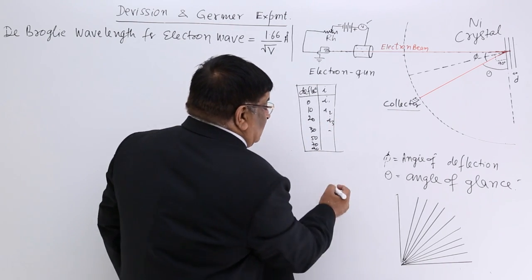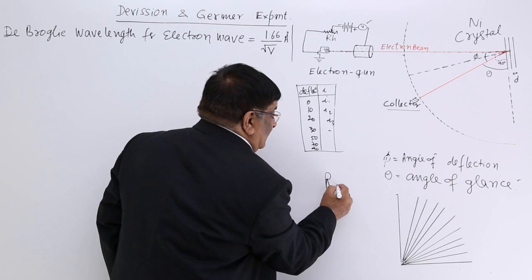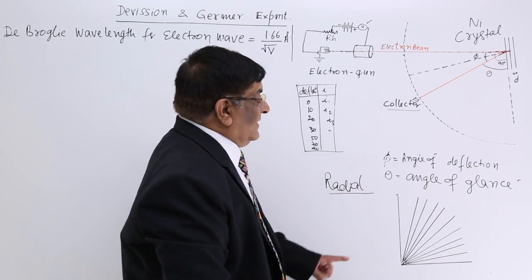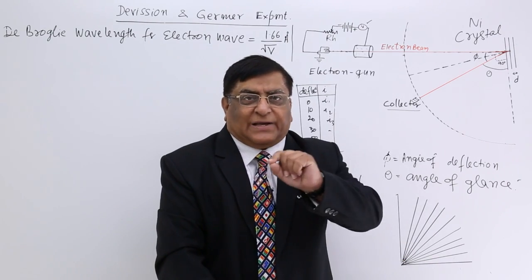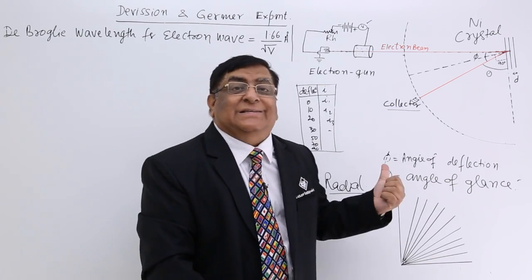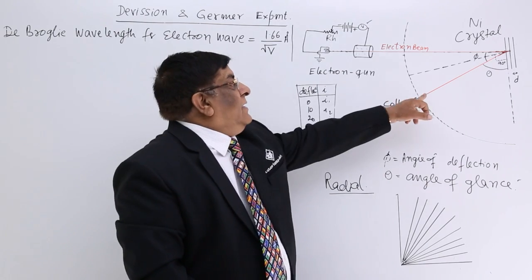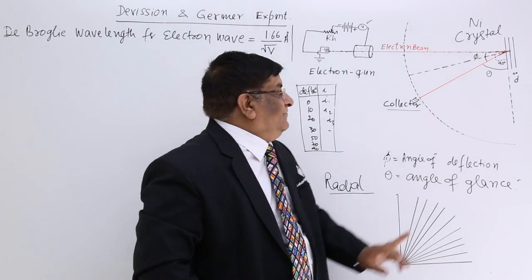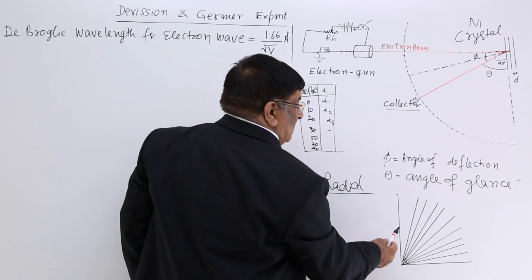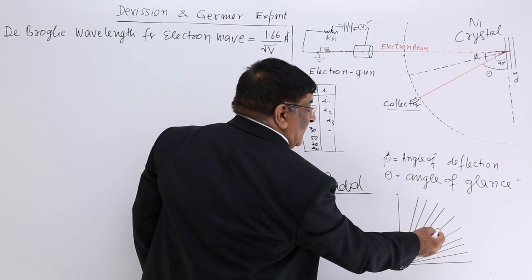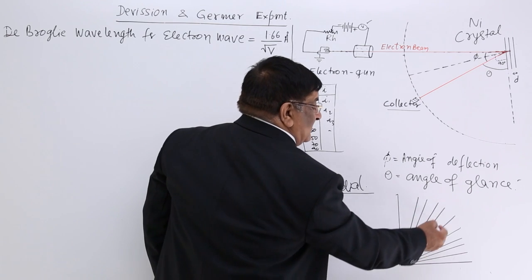This graph is a radial graph and not a Cartesian coordinate system, XY system graph. In a radial graph, what do we do? For every angle, 10 degree, 20 degree, 30 degree, 40 degree, 50 degree, we draw one radius.